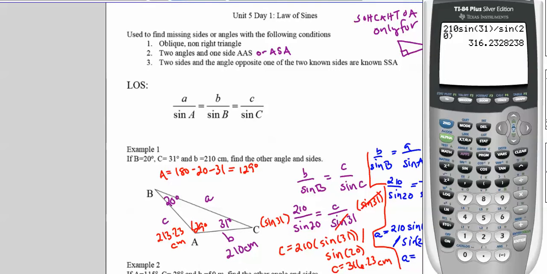Okay, so let's type that in and find out what side A is. 210 sine 129 divided by sine 20.